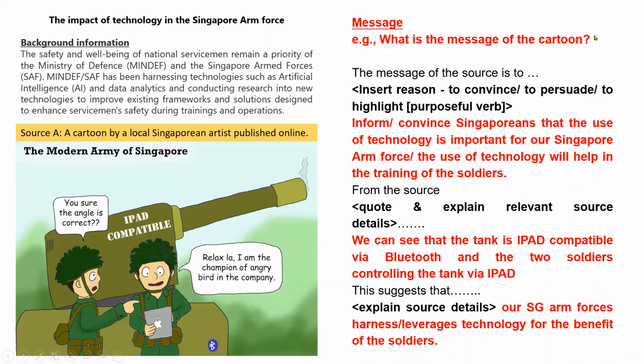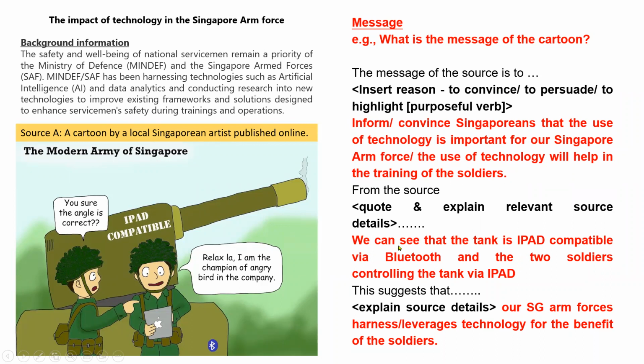Now this is where you need to insert a reason or a purposeful verb. Things like to inform, to convince Singaporeans, because you would identify the audience, that the use of technology is important or will help the training of soldiers.